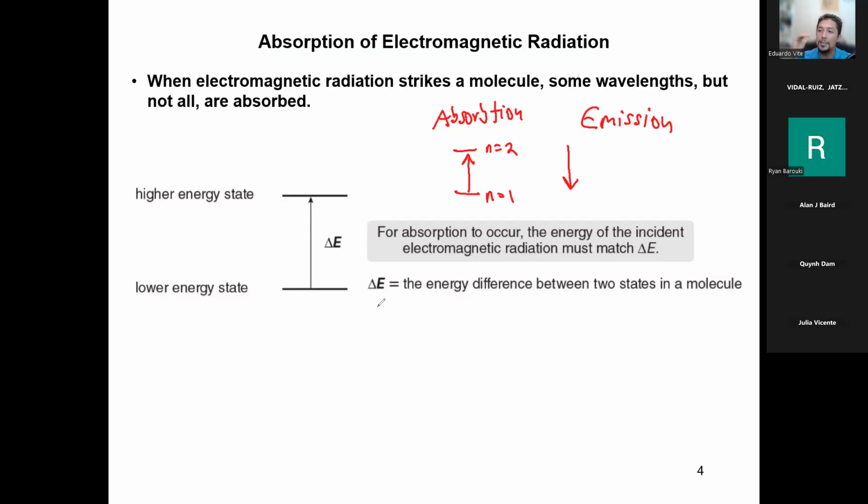There's only a specific amount that you need. Anything lower and the electron is not going to jump. Anything higher and all of that excess energy is just going to be left over. It only absorbs a specific amount of energy, and that is why we can take a photon of a specific amount of energy and shine it at a compound, and depending on what type of bond it is, depending on what functional group it is, it'll absorb it and then it'll re-emit it, and we can measure that in the instrument.